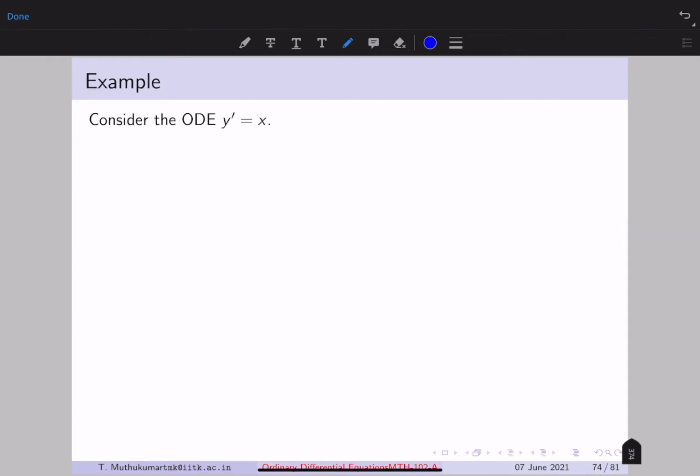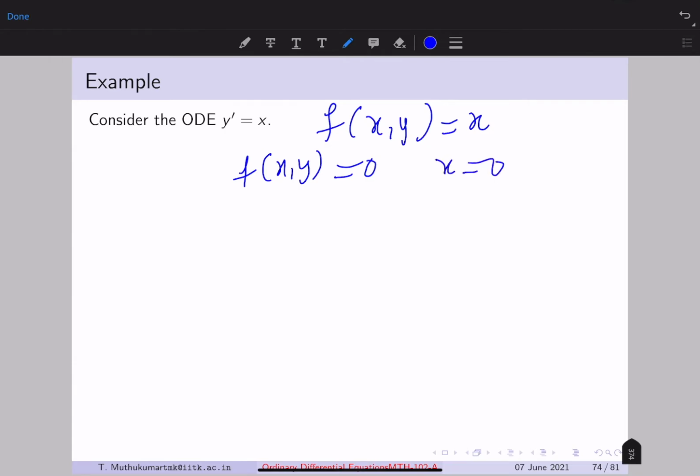Okay, so as an example, let's try doing it for this ODE. What is f(x,y) here? For simplicity, it's x. Now what is the curve on which the slope of the tangent will be 0? It is where f(x,y) is 0, that is when x is 0. And when is x 0? x is 0 along the y-axis, right?